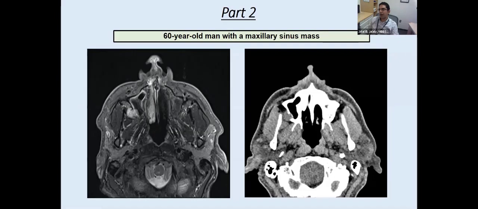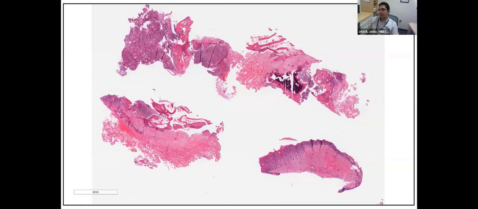therefore it was biopsied. You can see here in the biopsy that we have some palatal mucosa with squamous mucosa, and some sinuses with bone and tissue around them. But there's certainly a neoplastic process occurring between the sinuses.